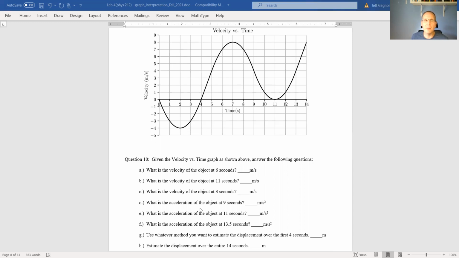If I ask you a question about acceleration, what do you need to do? You need to calculate the slope of the graph, right? So for instance, if I ask you about the acceleration at 9 seconds, what I would do is maybe take a ruler and draw a tangent line that just touches the graph right at 9 seconds. So something like that.